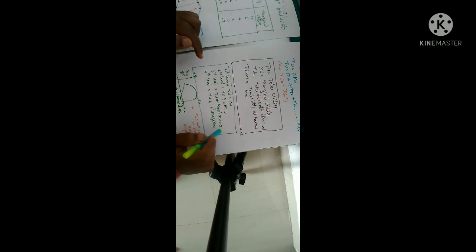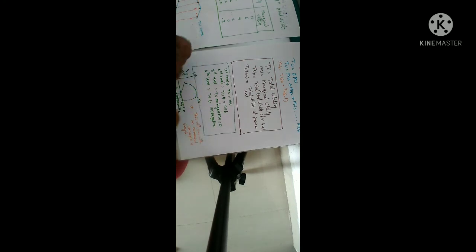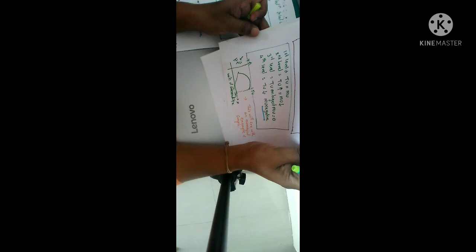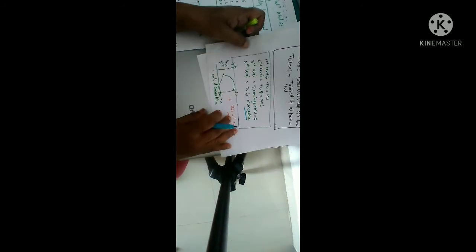When that consumer eats the fourth unit, total utility decreases and marginal utility becomes negative.